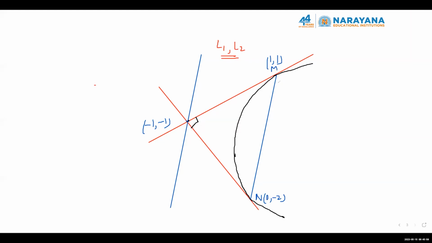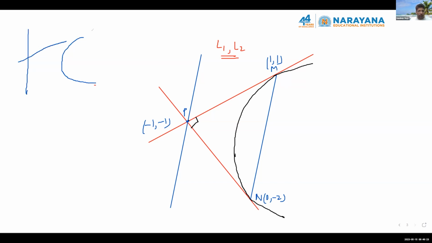Agree? Yes, sir. Okay. So now if the focus is here, there is one more property, if you remember: the portion of the tangent between the point of contact and the directrix. Let me call this point P. MP subtends a right angle at the focus. This property you remember? See, suppose this is a parabola, this is a directrix.